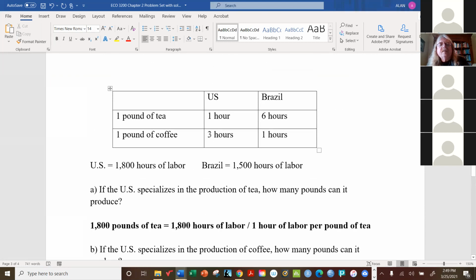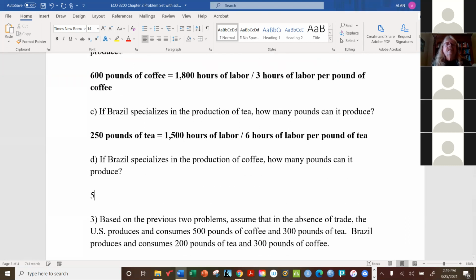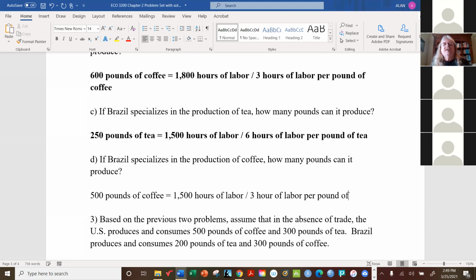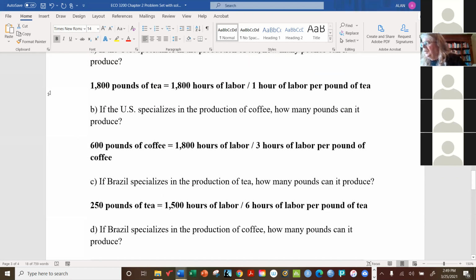For the coffee, they can make 500 pounds because they have 1,500 hours of labor, and it takes 3 hours of labor per pound of coffee. All right, so those are our final results. That was pretty straightforward. Really, all they're asking you to do is figure out, if you were to specialize in a good, how much could you potentially produce?